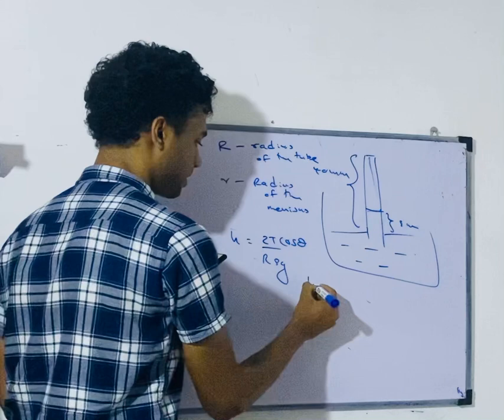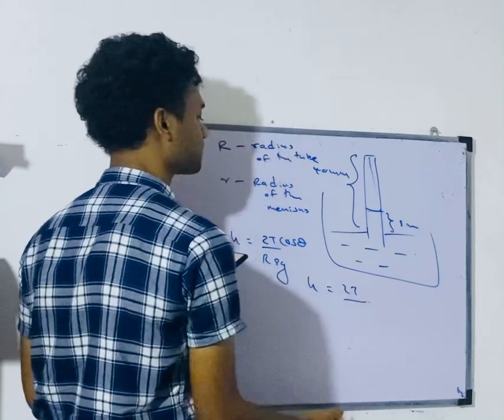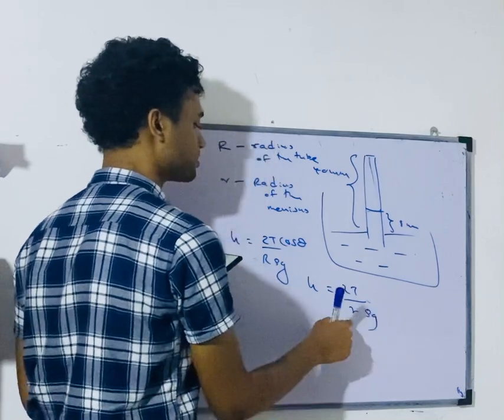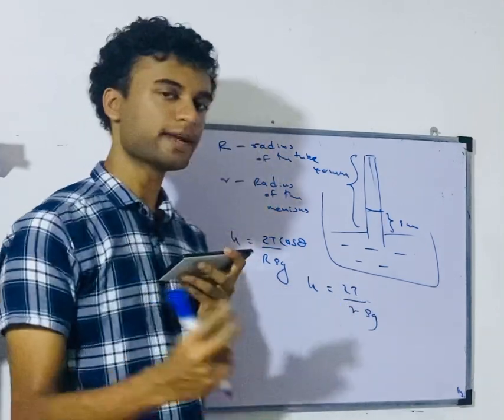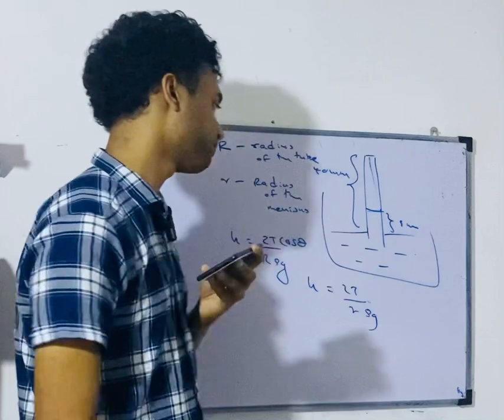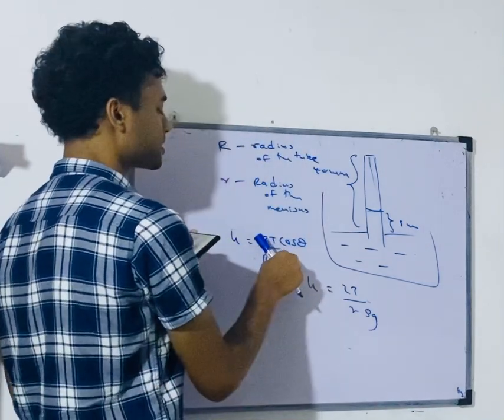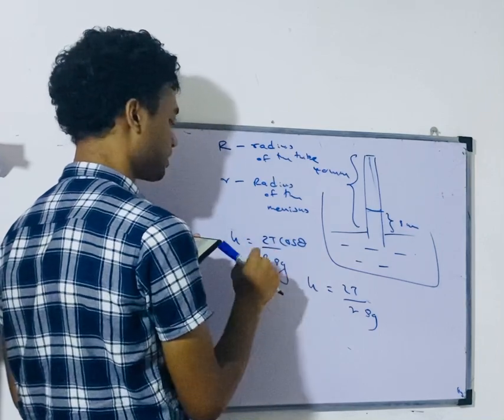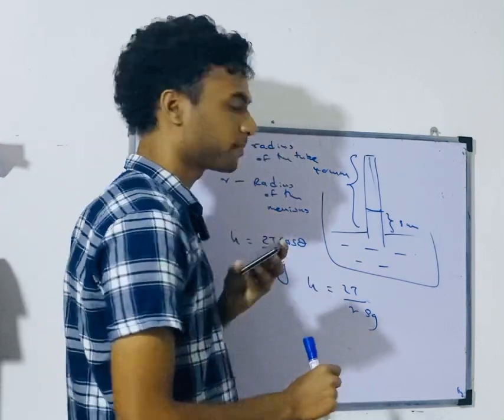Also I can say h is equal to 2T over simple r rho g, where simple r is the radius of the meniscus. Now if the contact angle is 0, then cos 0 is 1, therefore h is equal to 2T over R rho g.